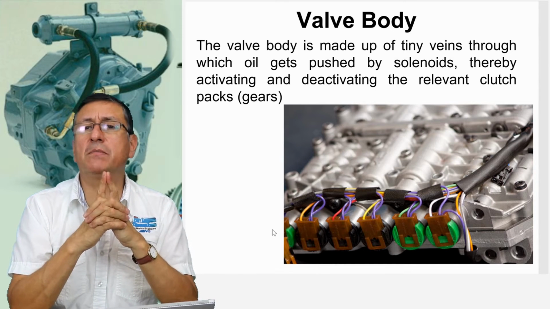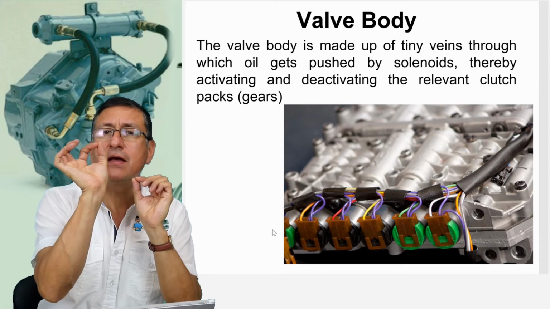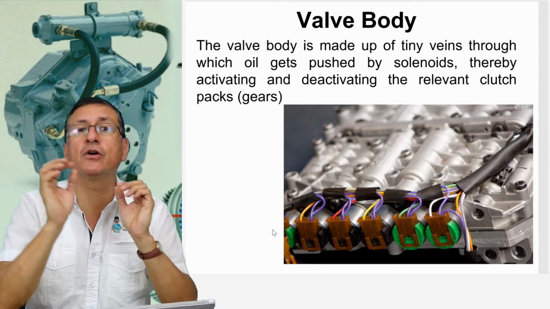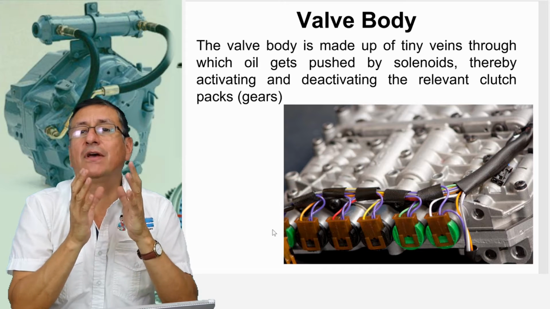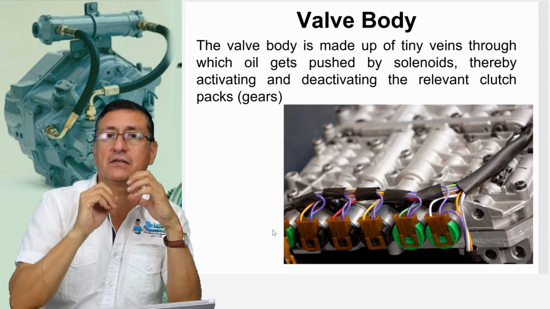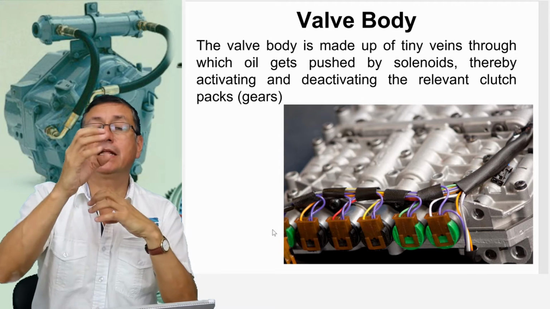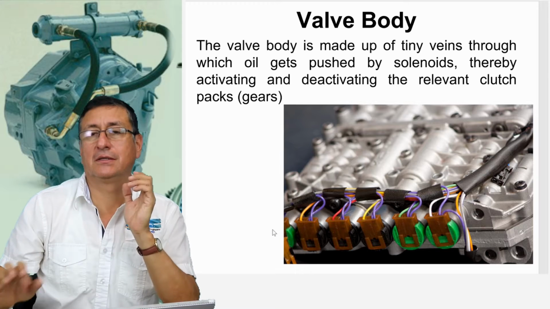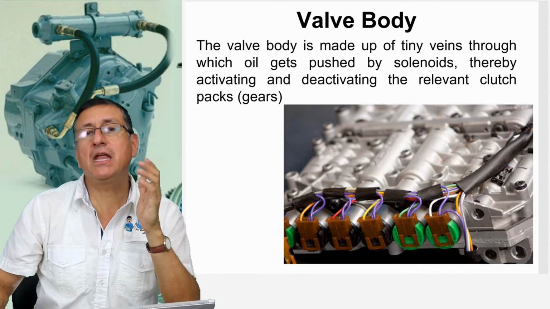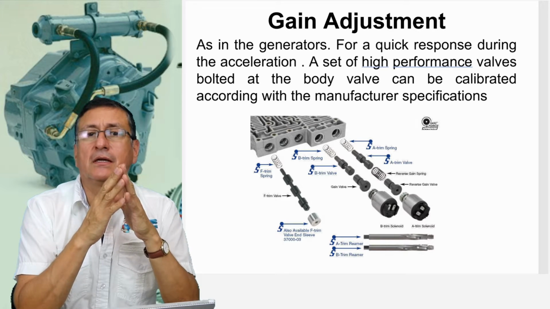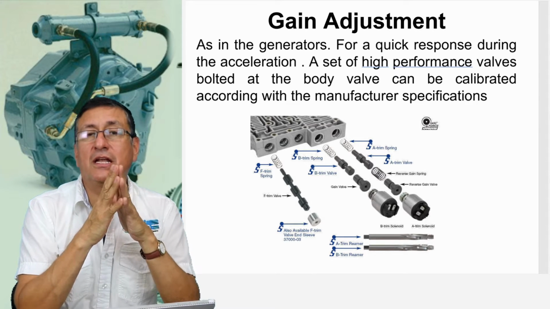The valve body is made of tiny cavities where the oil is pushed by solenoids and activates different clutch packs, different servo valves, different planetary systems in one direction or the other. This is, in my opinion, the brain of the system. Yes, it's exactly the same as in generators.